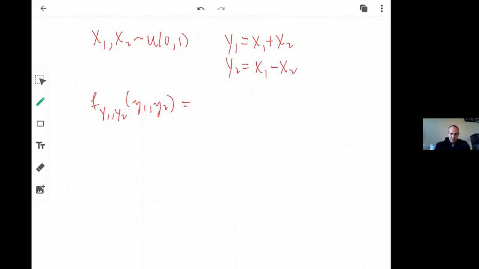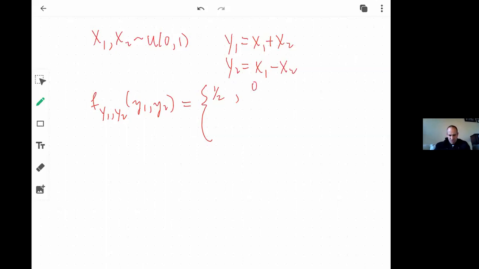So what is that? Well, it's going to be 1/2 times 1. Remember, the density was equal to 1 if x1 and x2 were between 0 and 1. Let me just write that.